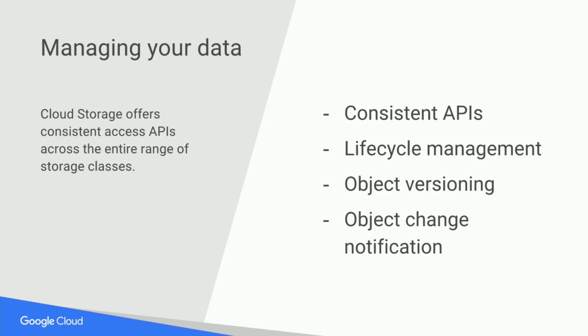To manage your data, I've already highlighted this a couple of times. You have a consistent set of APIs that you can use across all the storage classes. There are also some really cool features that make it easier to keep just the right amount of data and just the right versions of data. So for instance, there's lifecycle management. What this allows you to do is say, hey, any files that are older than 365 days, I want to move them into Nearline from Regional.